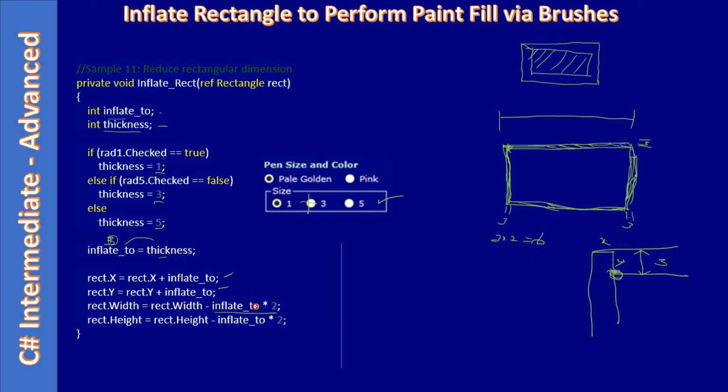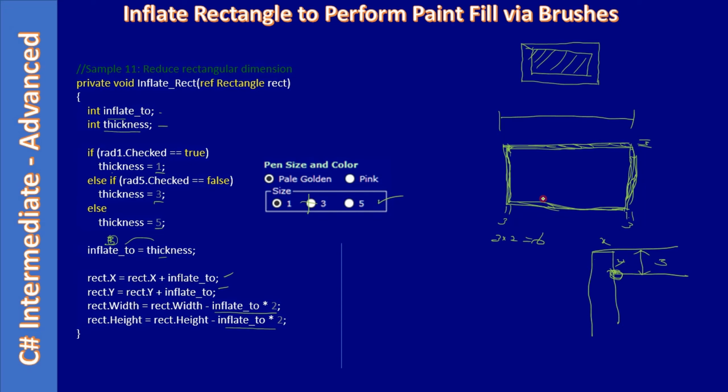We are reducing the width by thickness into 2, because there are 2 sides, left and right, top and bottom. The same goes for the height. That way we have reduced the rectangle dimension, and what we get is the inside portion. So if this is the thickness, and we get the inflated rect, when we paint something, it will not disturb the stuff that is drawn by the pen.